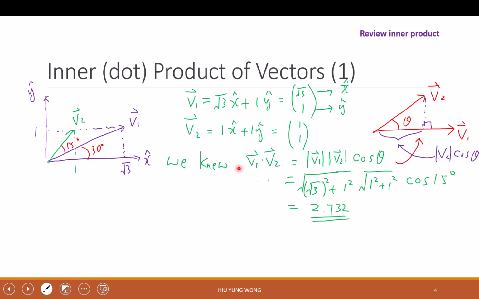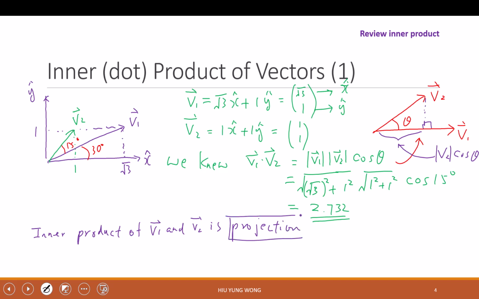So now you see what is the meaning of inner product. The inner product of V1 and V2 is just the projection. So this is a key word, right?